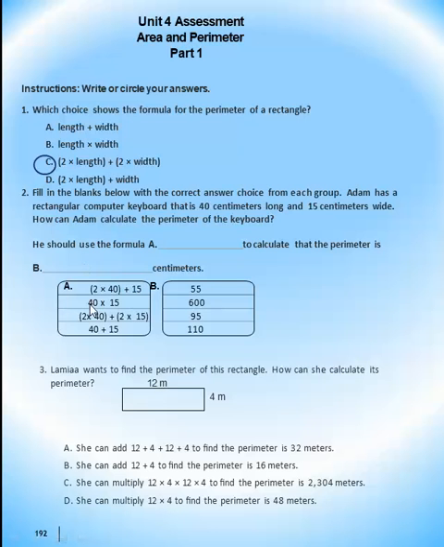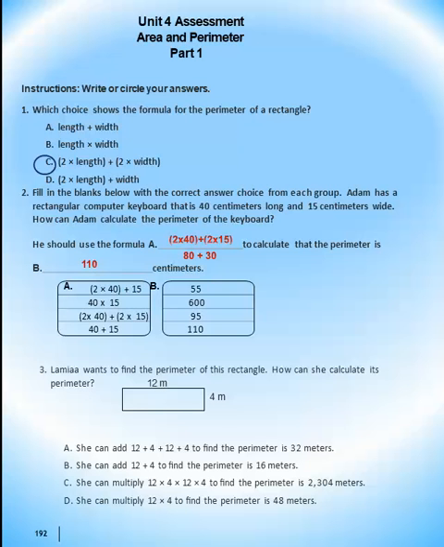Adam can use one of these: 2 times 40 plus 15, or 40 times 15, or 2 times 40 plus 2 times 15. Yes, this is right. 2 times 40 plus 2 times 15. So 2 times 40 is 80, and 2 times 15 is 30. So 80 plus 30 equals 110. The right answer is 110 centimeters.